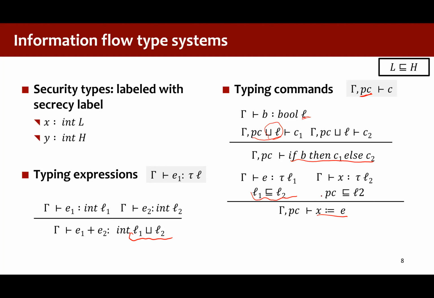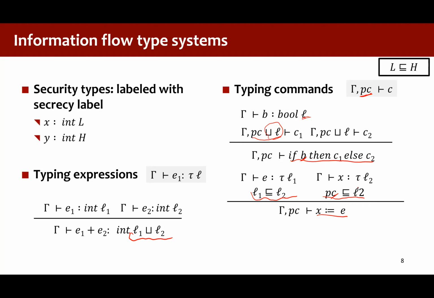That's where the second condition comes in. Here we're checking that the PC is lower than or equal to X's label. This should be a subscript. Combined, if this assignment happened in a branch, the branch label would have been taken care of in the PC. As long as I check the PC is lower than or equal to X's label, I'm taking care of the possible implicit flow in the branches as well.